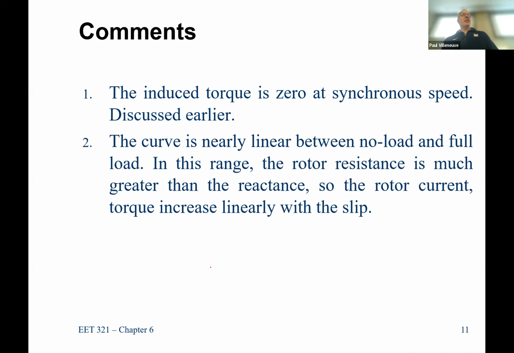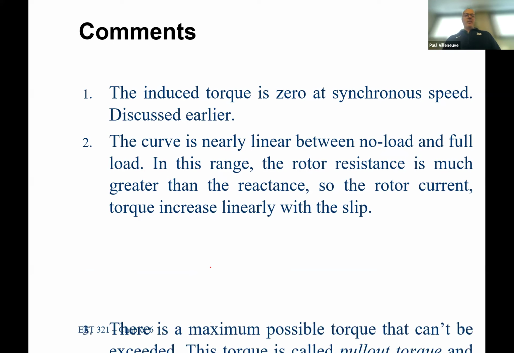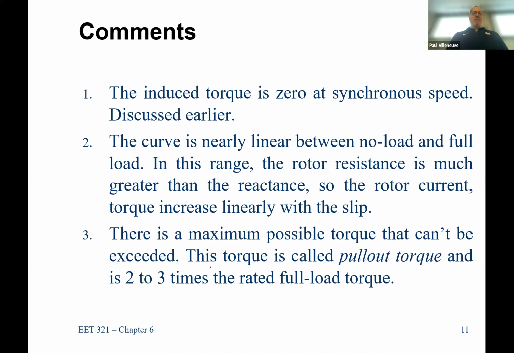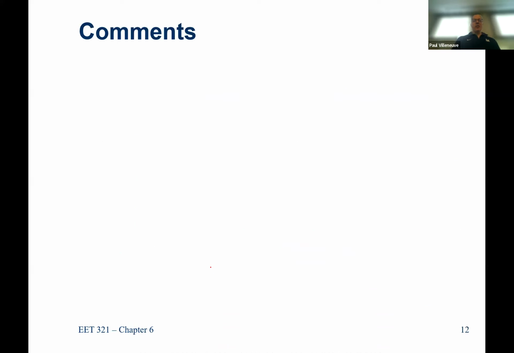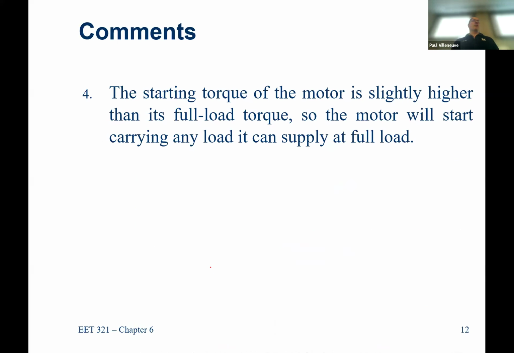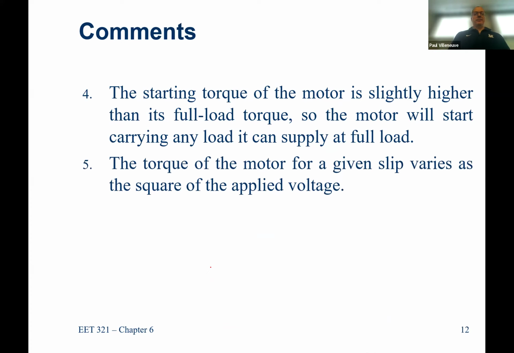It's pretty linear between no load and full load. So that last little bit is pretty linear. So we're feeling pretty good about that. And there's a maximum torque that's called the pull-out torque, and it's about 2 to 3 times the rating of the full load. We also see that the starting torque is slightly higher than the full load torque, so it can actually start.